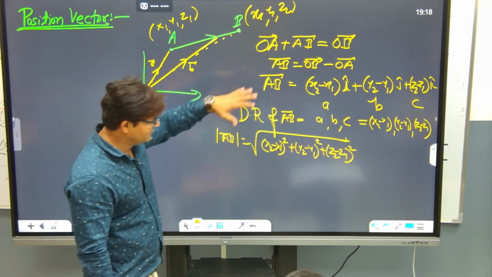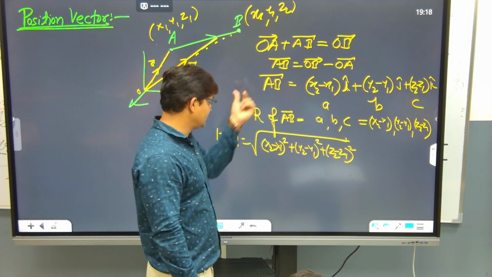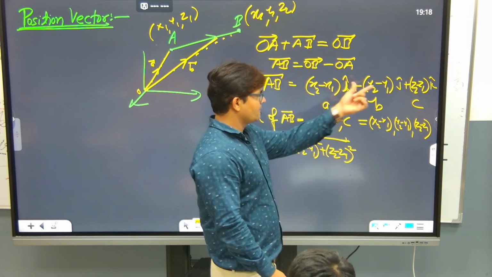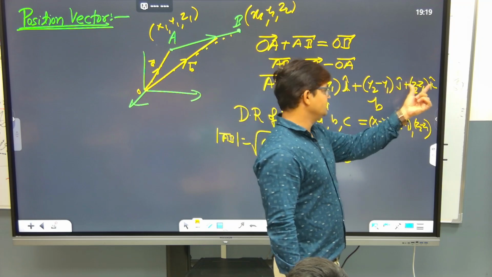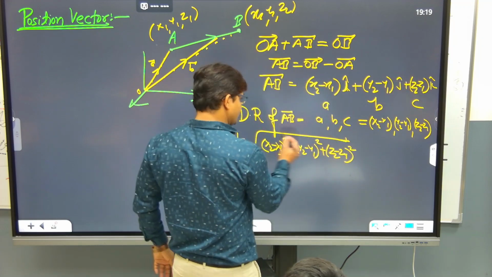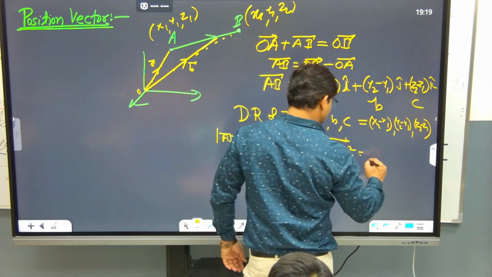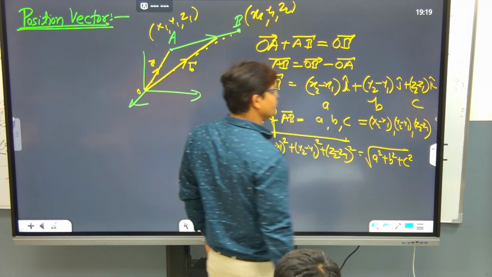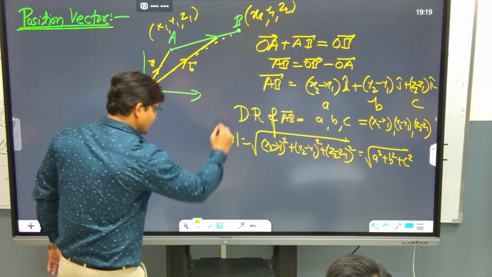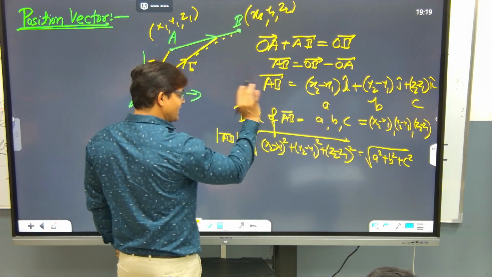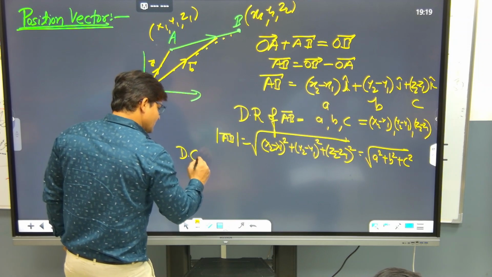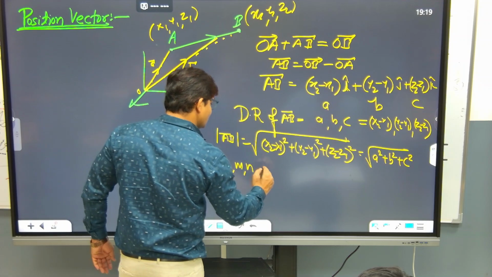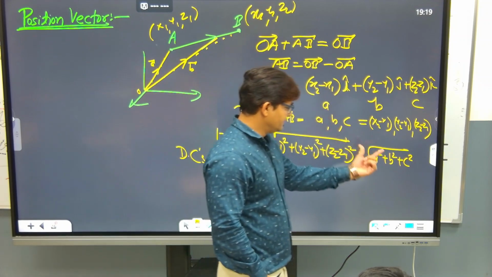And by the definition of unit vector, when we divide AB vector by its magnitude, we have this value: x2 minus x1 over this, y2 minus y1 over this, and z2 minus z1 over this. Here we know that these are a, b, c, so we can write this value as root of a square plus b square plus c square, also in terms of direction ratio. So here the direction cosines, or we can say l, m, n, are what? Check. Logically we have to divide by this value.